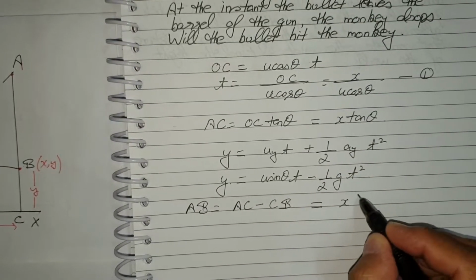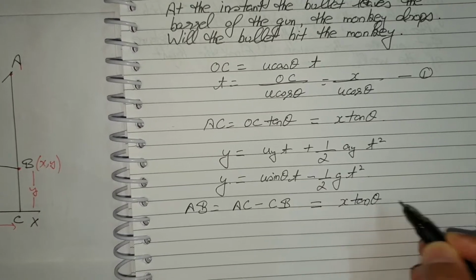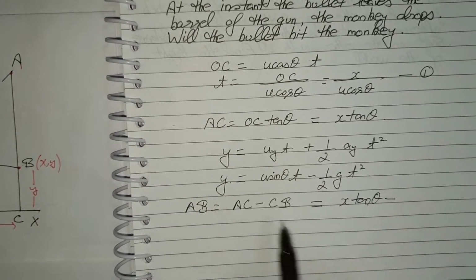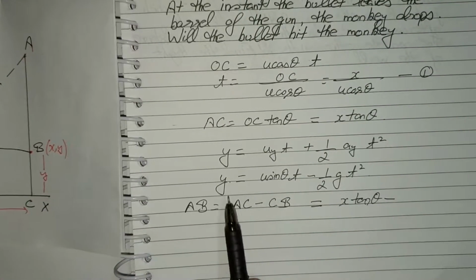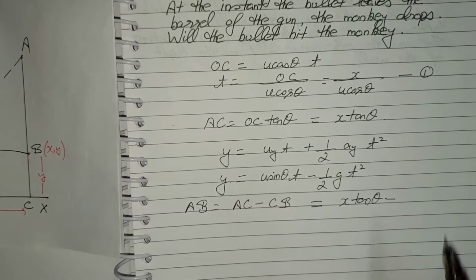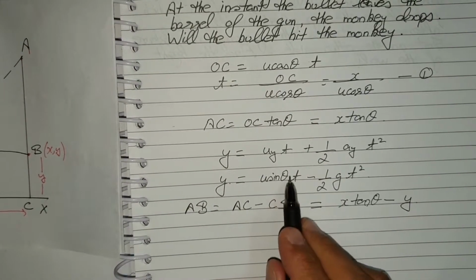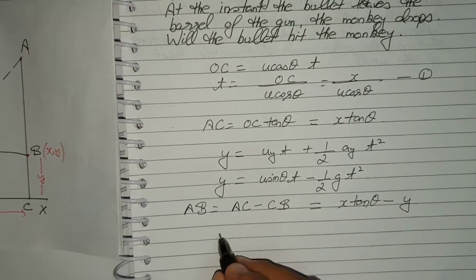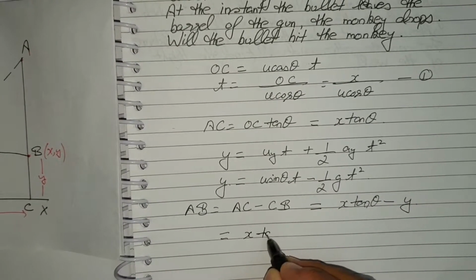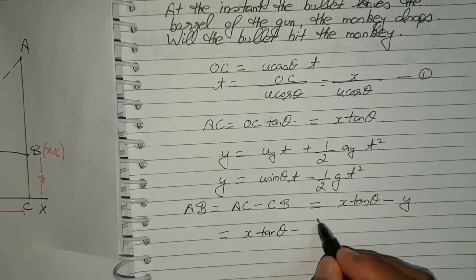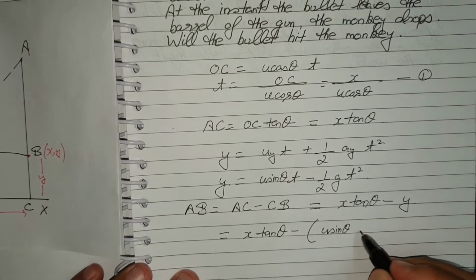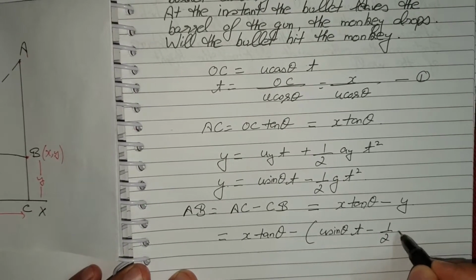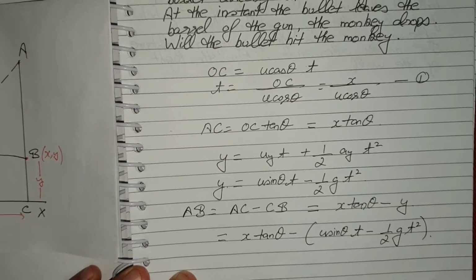So this is x tan theta minus CB, and CB is y. We have y as u sin theta t minus half gt square. So this can be written as x tan theta minus, u sin theta t minus half gt square.